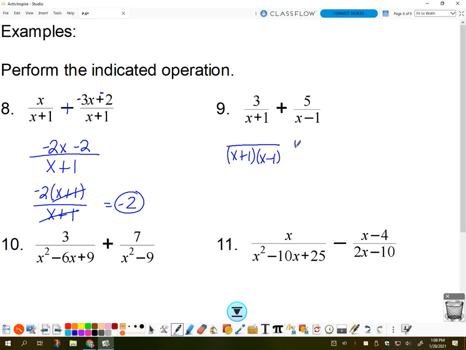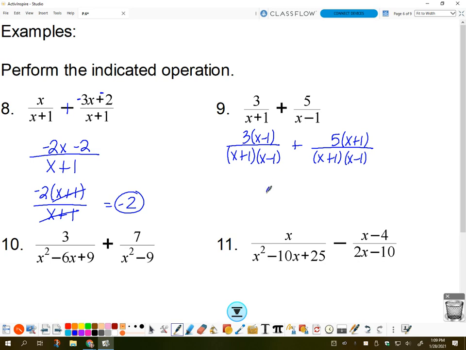So my common denominator is just going to be the two of them multiplied together. All right, so to jump to this denominator from here, he gained an x minus 1. So his numerator has to gain an x minus 1. To go from this to this, he gained an x plus 1. So we're going to have 5 and x plus 1.